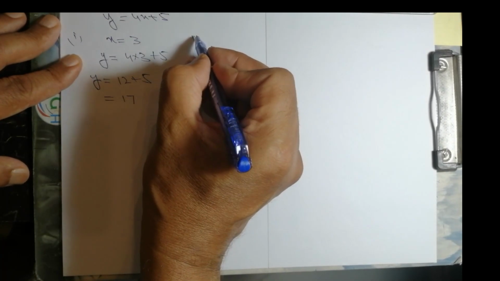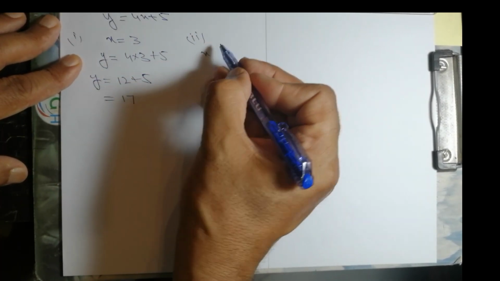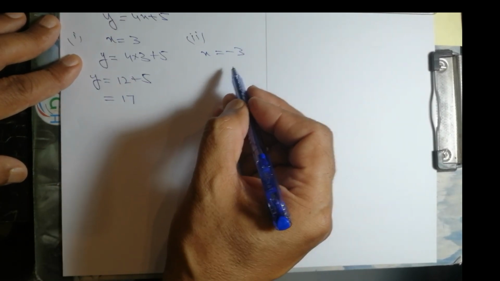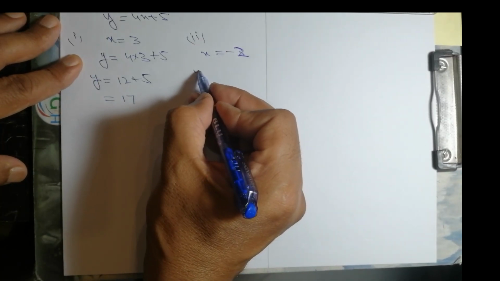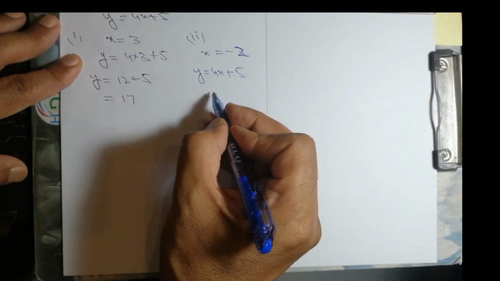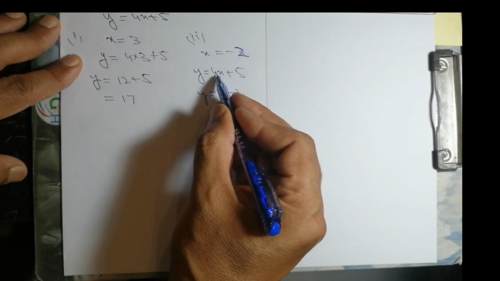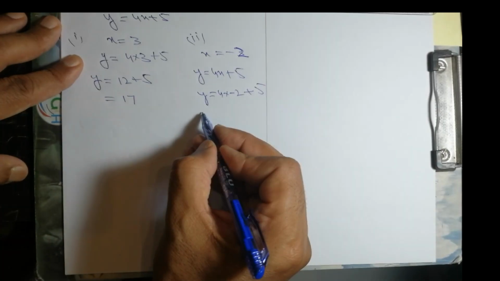And part 2, for x equal to minus 2, sorry, this is minus 2. So y equal to 4x plus 5, y equal to 4 multiplied by minus 2, plus 5.